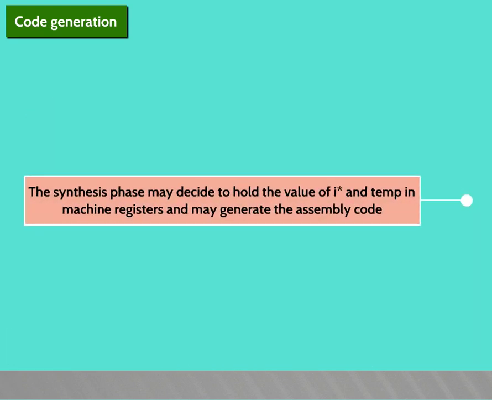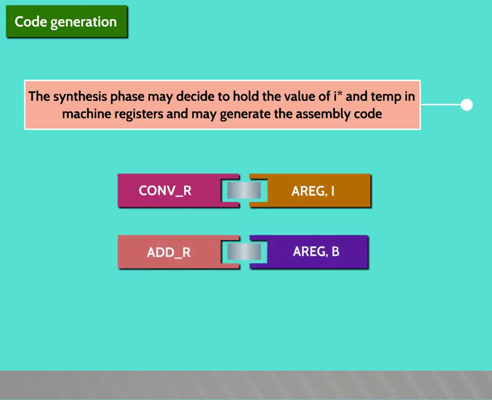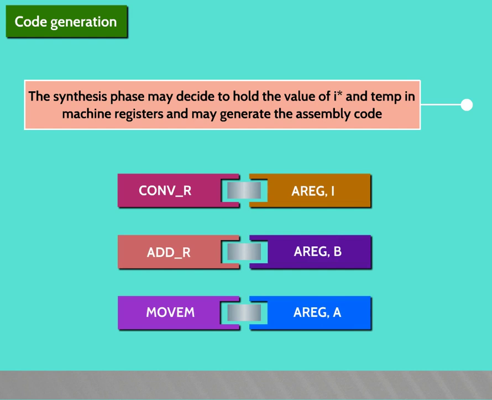The synthesis phase may desire to hold the value of i star and temp in machine registers and may generate the assembly code: Conversion R, A register, i; add R, A register, B; move M, A register, A.